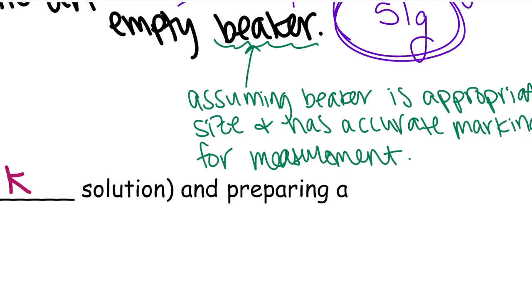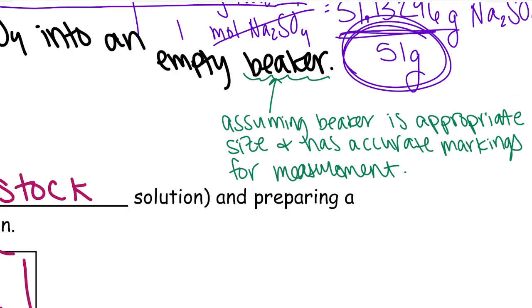If I said measure 160 milliliters, you're completely guessing. There's nothing even close to that. So our beakers that we use aren't really rated for measuring that kind of volume accurately, but they do make beakers with accurate markings. So beaker or whatever other container would have an appropriate size and accurate measurement markings.